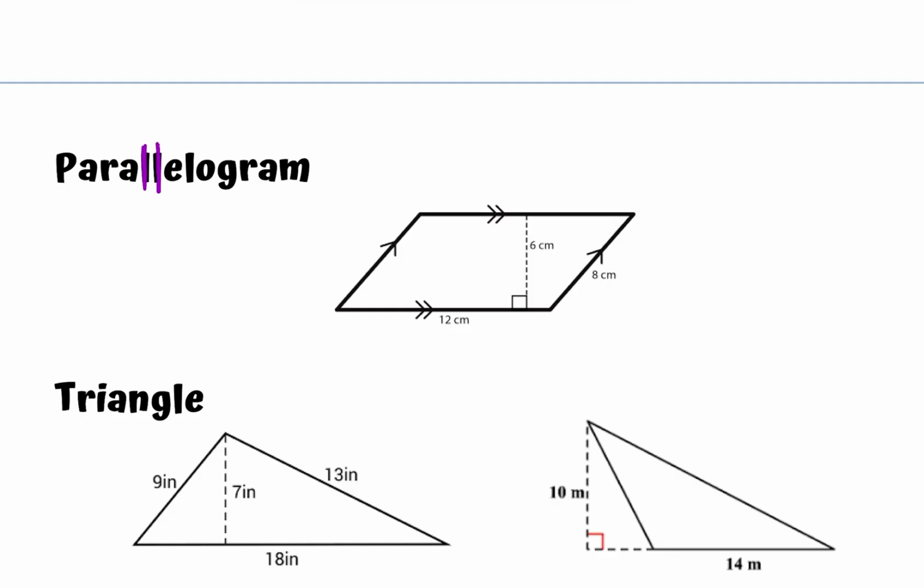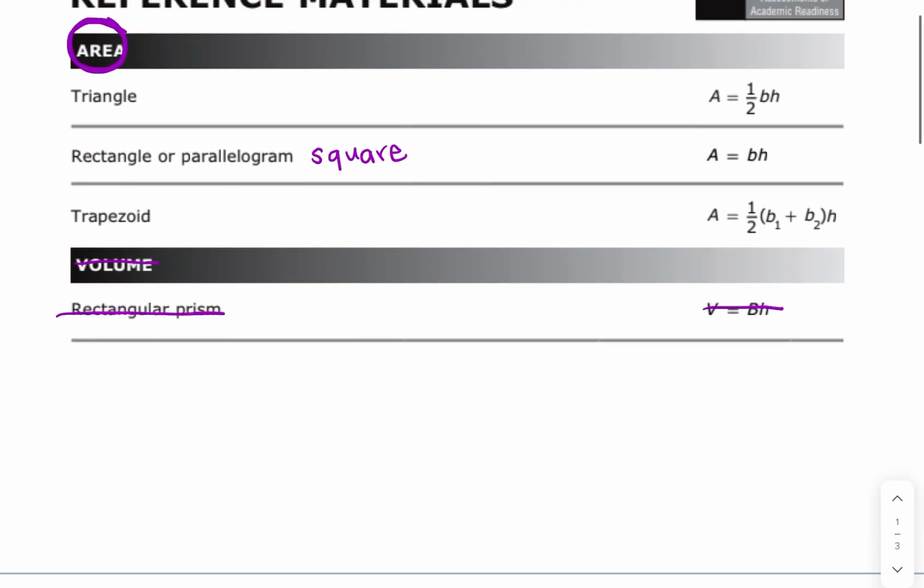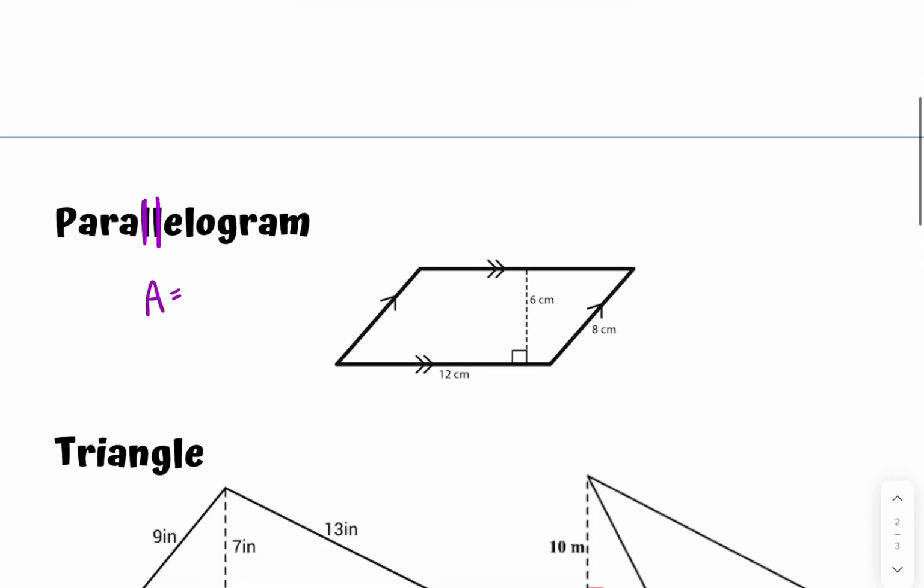And the formula for that is area equals, and then parallelogram is right here, and that is our formula, BH. B, hopefully we know, stands for base, and H stands for height.